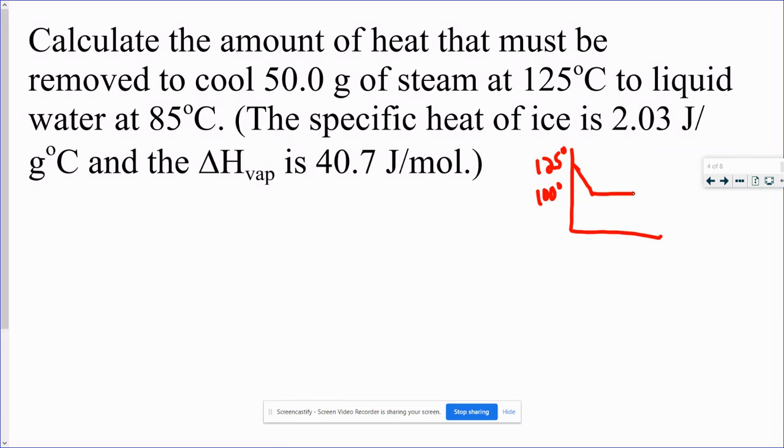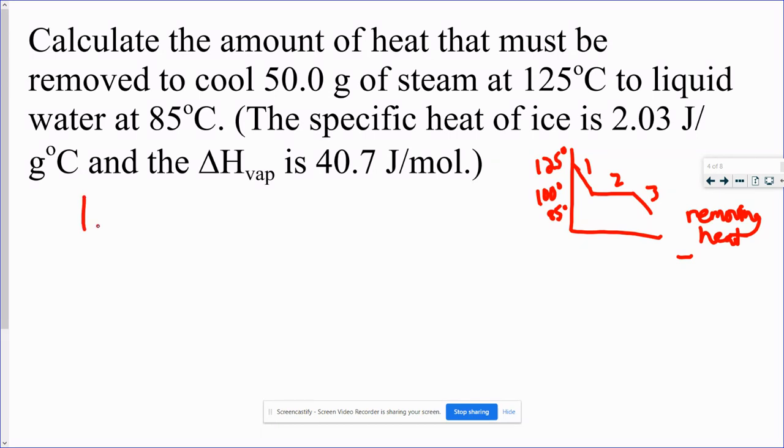And then, once it's all condensed to liquid, I'm going to cool that to 85 degrees. So I have, again, 3 steps. This time I'm removing heat. So this will be a negative value overall as I am taking out heat, but it's the same idea.